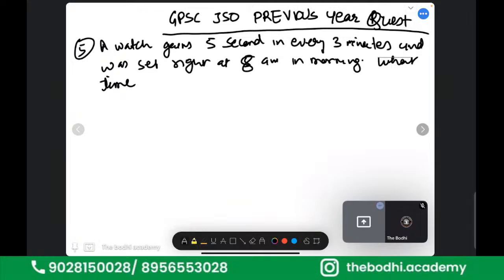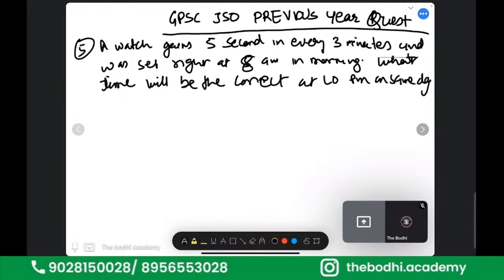What time will be the correct at 10 p.m. on same day? On same day. A watch gains 5 seconds in every 3 minutes.